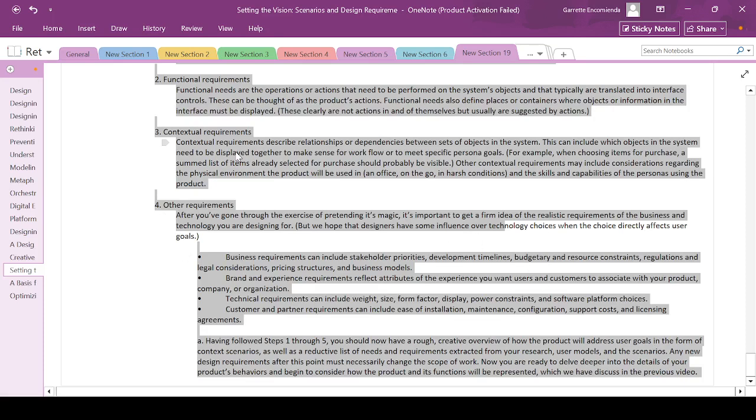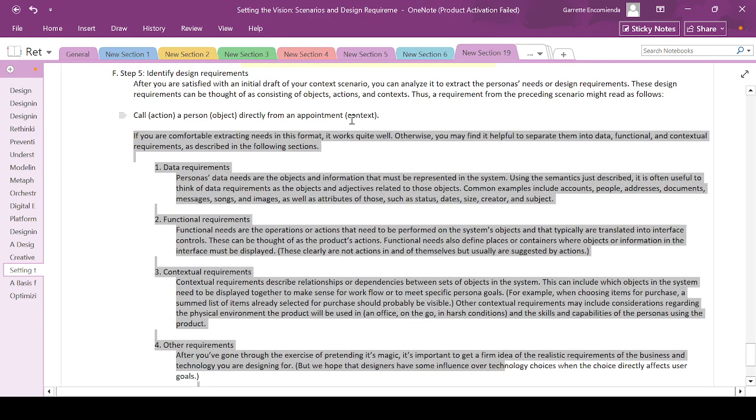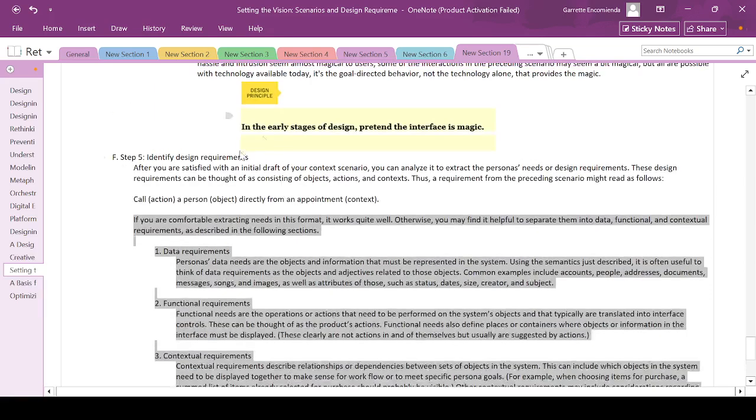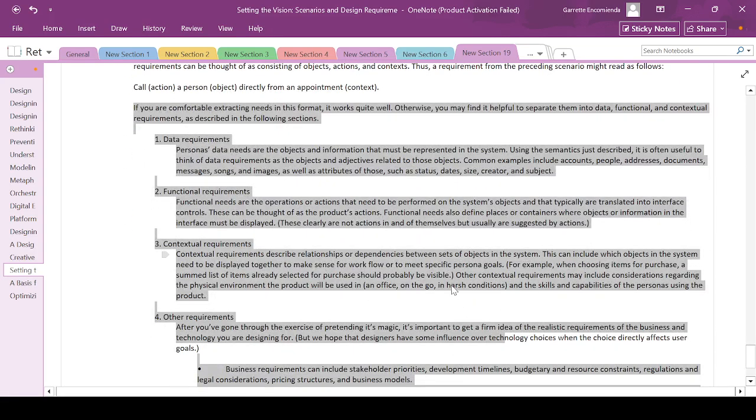Contextual requirements describe relationships or dependencies between sets of objects in the system. So kind of like in the appointment, you're trying to get the relationship for these objects in the system.